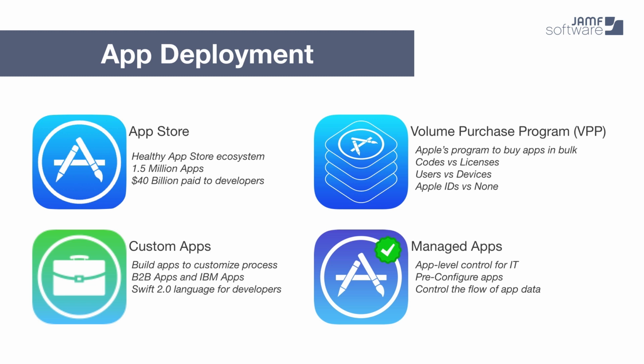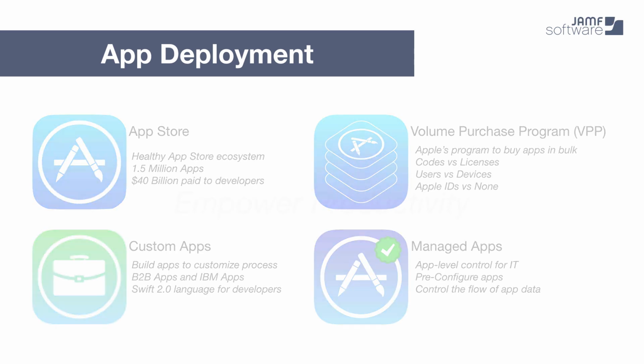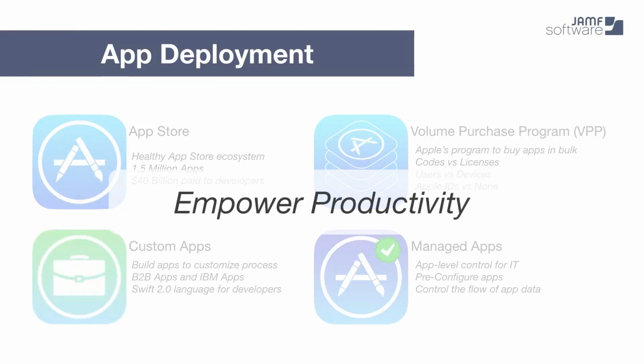You can say this app can only open certain documents, or this app can only receive certain documents. It's known as managed open in, and it gives you more security. But when you add up all this stuff of app deployment, it really means that you are empowering productivity for your users.